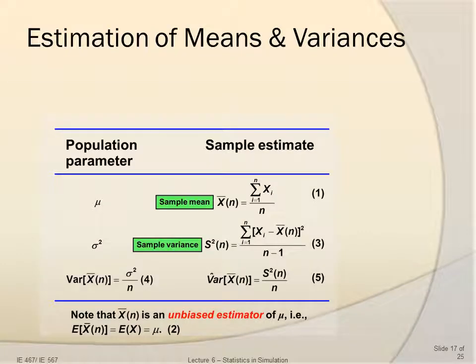So now recall how we talked about estimation of means and variances, where we need to know the population parameters. We can sample the entire population or check the entire population. We can only pick a part of it called a sample, and so we'll get this random variable known as a sample mean when we try to estimate the population mean, and we get sample variance when we try to estimate population variance.